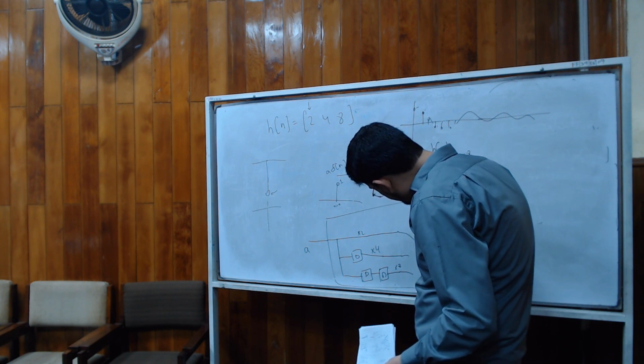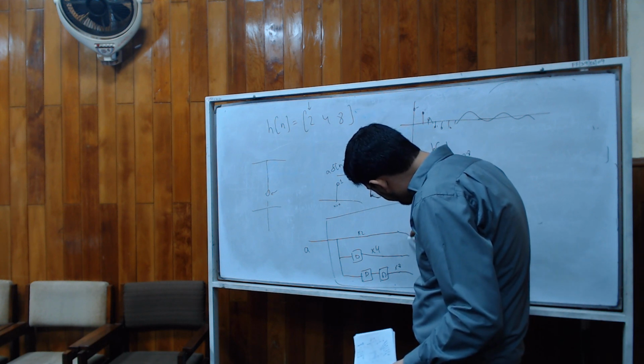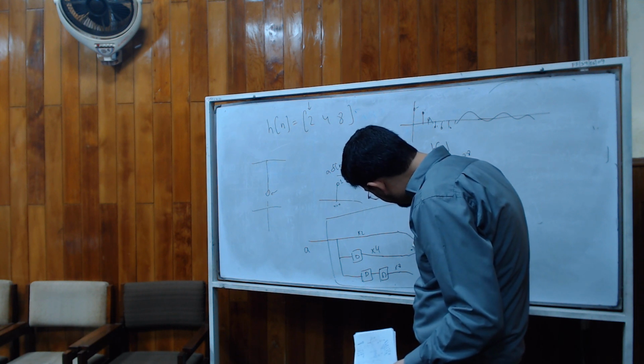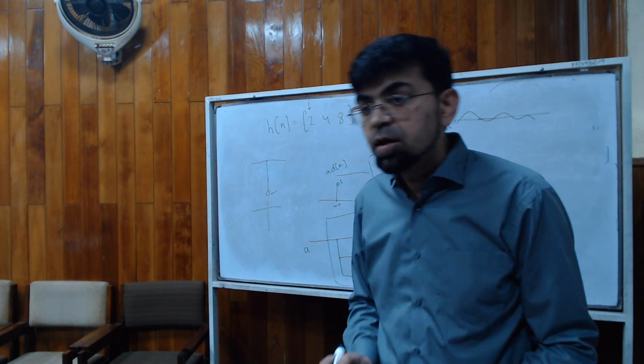At n equal to 0 I will give you this, at n equals 1 I will give you this, and at n equals 2 I will give you this.